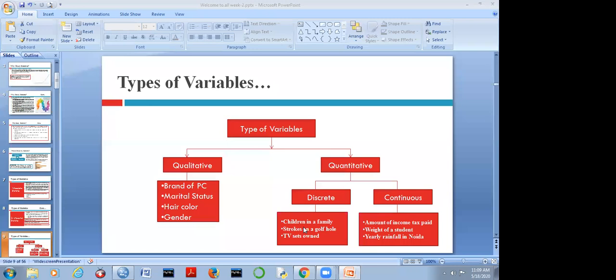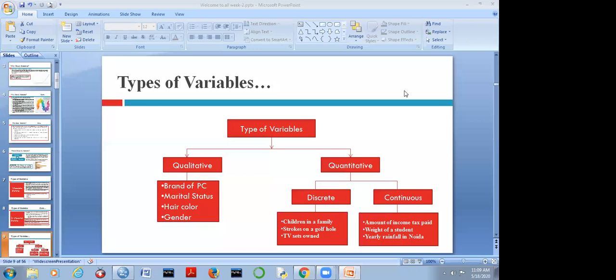Children in a family. What will be the answer? Not 2.5. It will be 1, 2, 3, like that. In children in the family, either one child, so 1, or children, so 2, 3, 4.